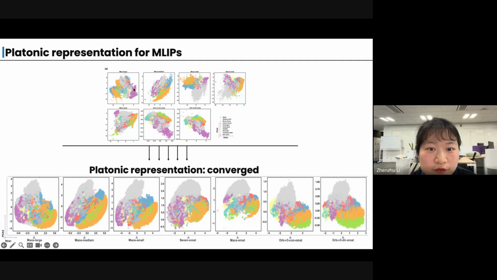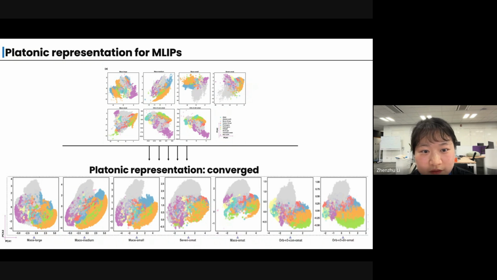Yeah, so here they're clearly not aligned, right? Like the mass large model and the mass medium model, even though they have very similar architecture and only the numeric accuracy is different. Even the mass large, medium, and small models have representations that are arbitrarily rotated or rearranged.